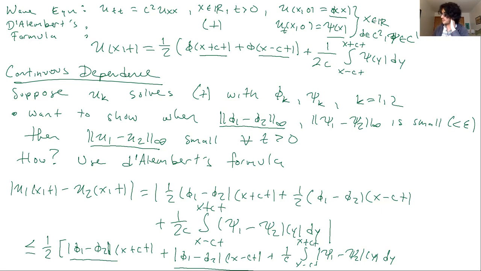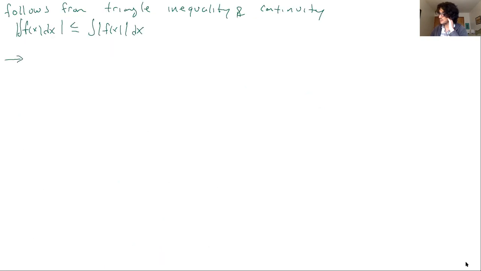And also the difference of this is small throughout. So what we have then is that u1 minus u2, evaluated at (x,t), is bounded from above by epsilon over 2, okay?